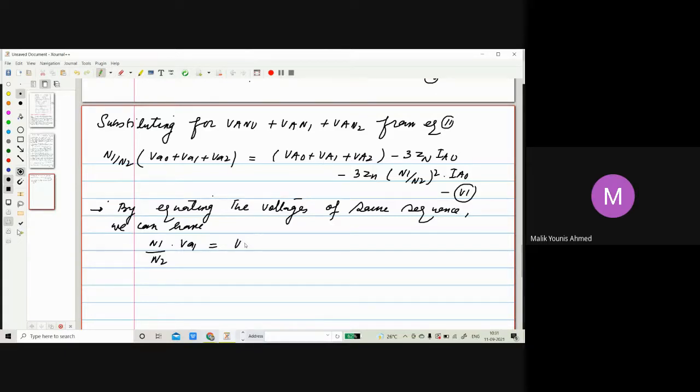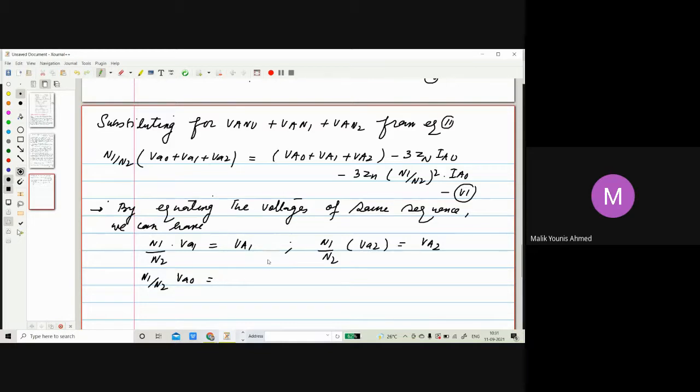So we will equate capital on the high voltage side. Similarly, this is a positive sequence; for negative sequence, n1 divided by n2 VA2 on the LV side will be equal to VA2. And similarly for the zero sequence, n1 divided by n2 VA naught.